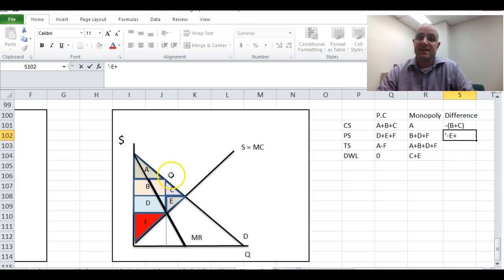But they are gaining area B. So they're taking that surplus, which was going to consumers, and transferring it to them. And so they're gaining area B.